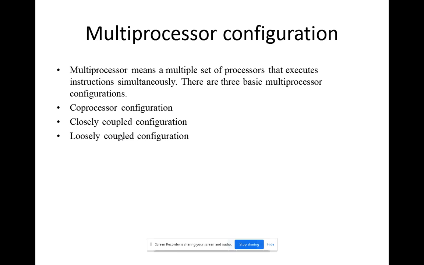If there is more than one processor, that is multi-processor. Here we are going to see the three basic multi-processor configurations: co-processor configuration, closely coupled configuration, and loosely coupled configuration.